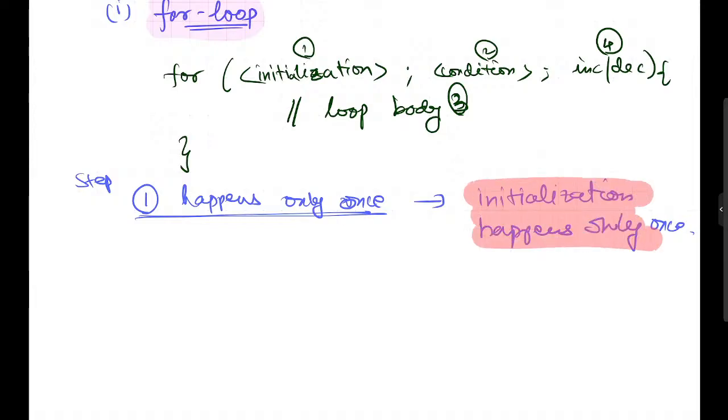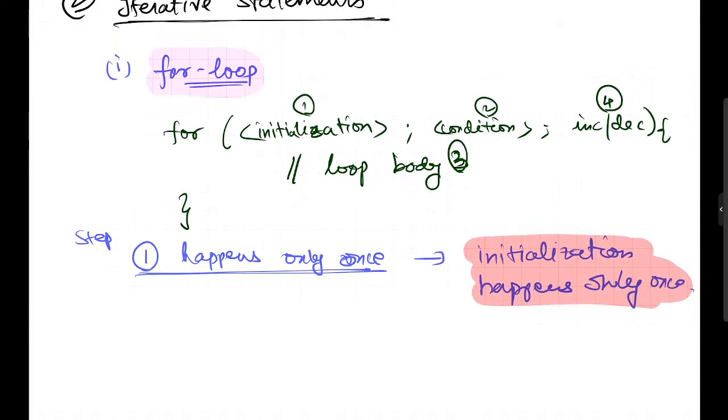If you don't understand this, then you will go very wrong in understanding for loop, okay? So what happens is, once initialization is done, this particular expression will never get executed again. This initialization will never be done again.